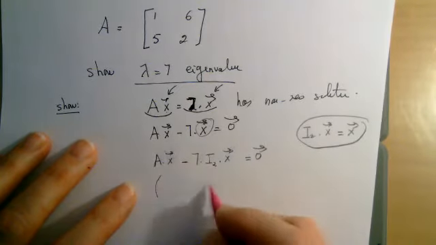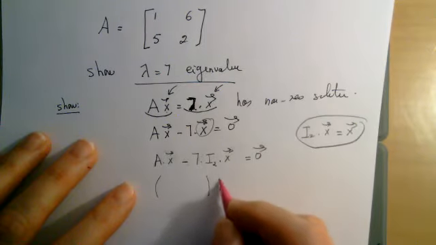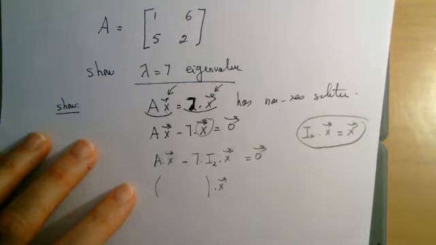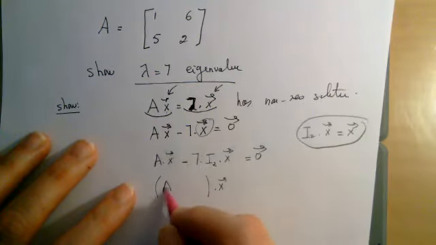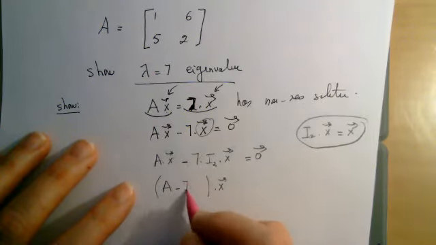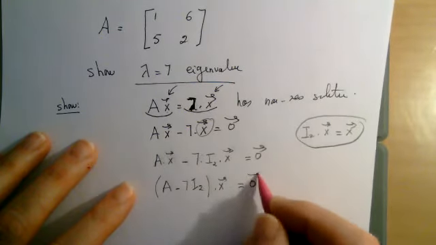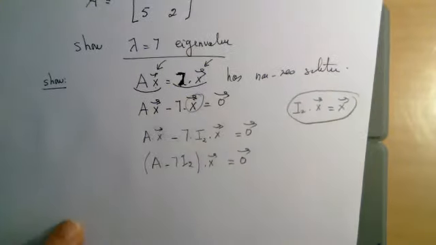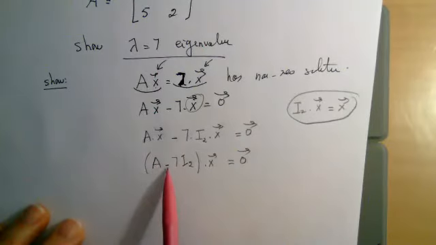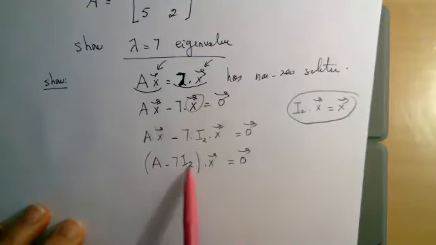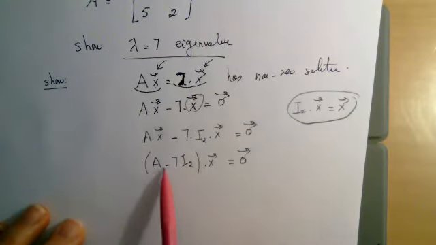At this stage of the game, I can factor out the vector x because the algebra of matrices tells me you can do that. Now the math makes sense, because that's a matrix minus 7 times the identity, that's a matrix. So now I'm subtracting matrices, therefore I am right.